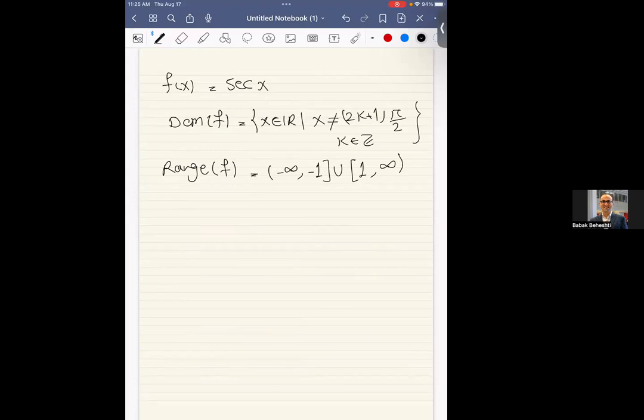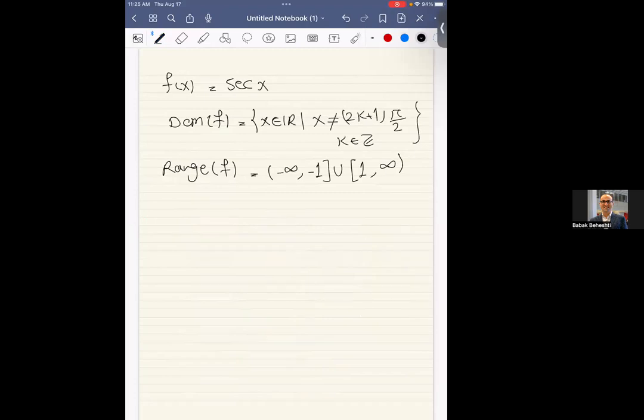So that means secant cannot cover the open interval between 1 and -1. So it covers everything except the numbers between -1 and 1. So secant, for example, cannot be 0. Secant cannot be 1/2.